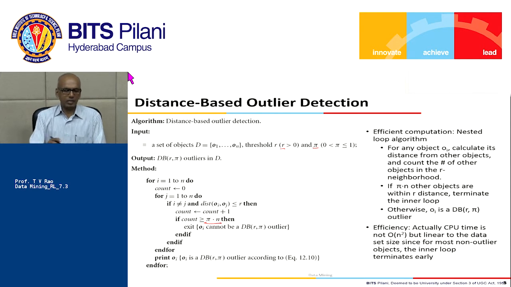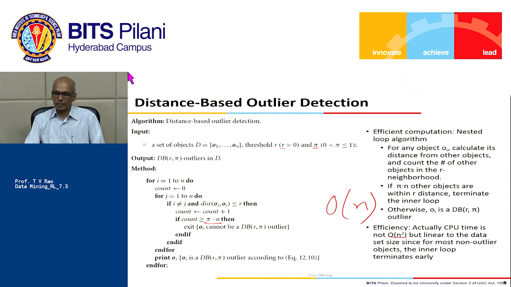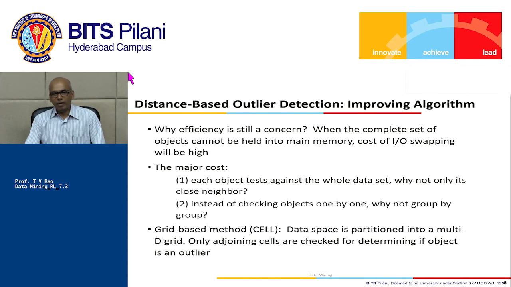So even though there are two loops of size n, instead of n square time complexity, it may turn out to be much smaller than n square. It may in fact be of the order of n for executing this algorithm.